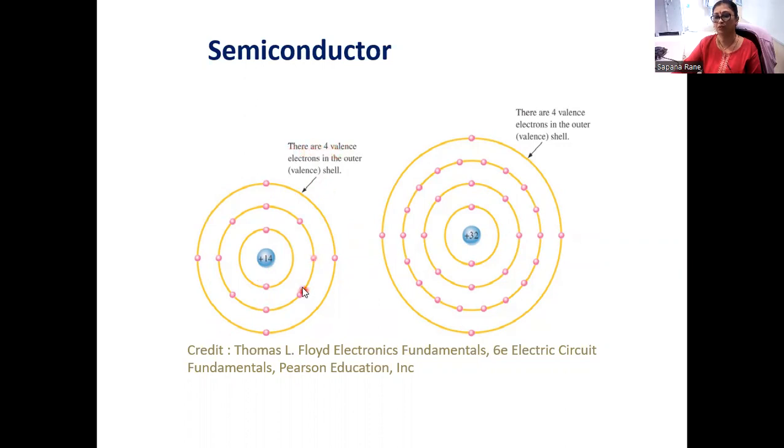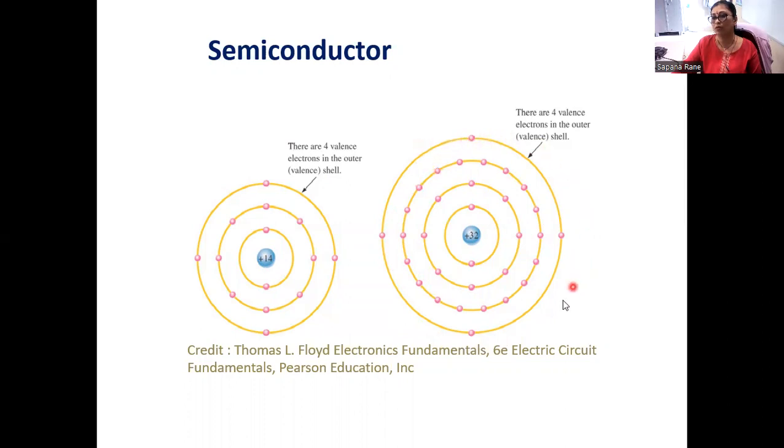Similarly, if you observe the atomic structure of germanium, you can see it has atomic number 32, and therefore 32 electrons are present in the germanium atom. As you can see, the first orbit can hold 2 electrons, the second orbit can hold 8 electrons, the third orbit can hold 18 electrons, and the remaining 4 electrons are present in the last orbit.